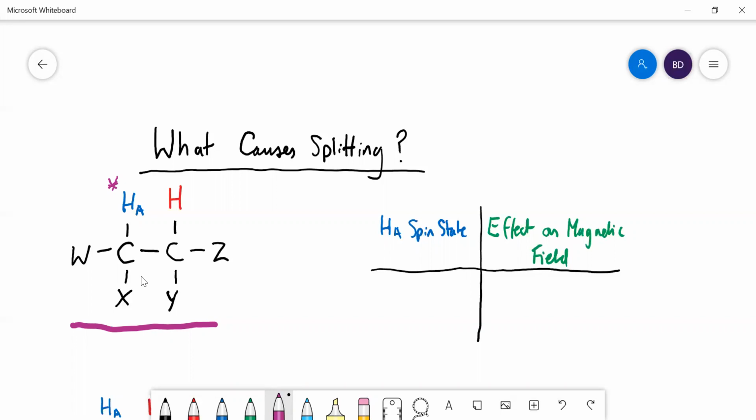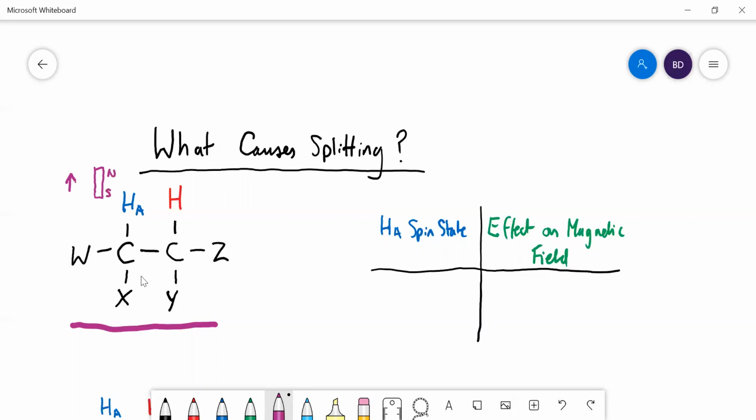Let's see what causes that. If we have a think about this proton, I said in an earlier video that each proton behaves as a tiny magnet, a tiny bar magnet. So HA, if the tiny bar magnet has upspin, the magnet is going to be like that.